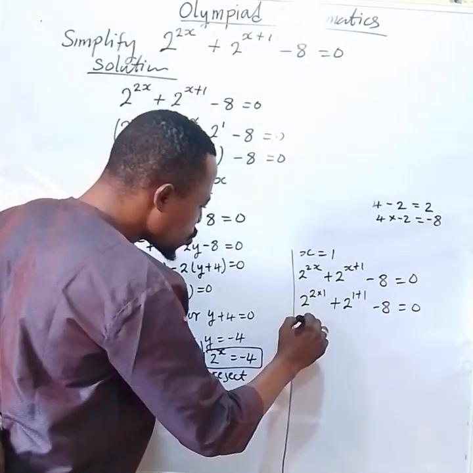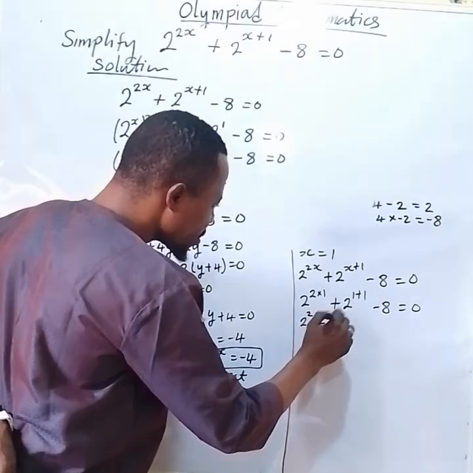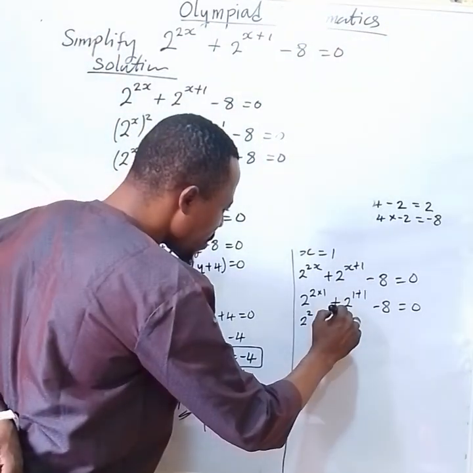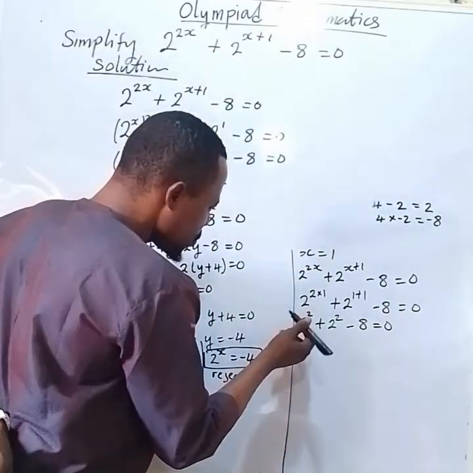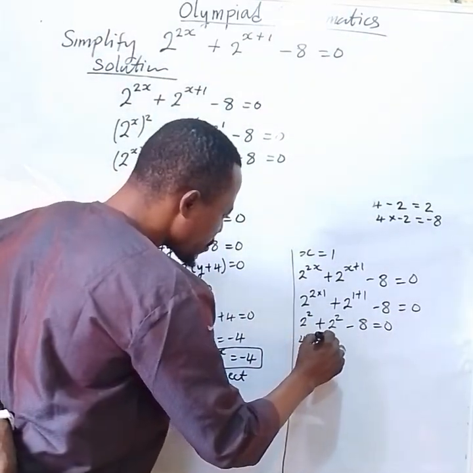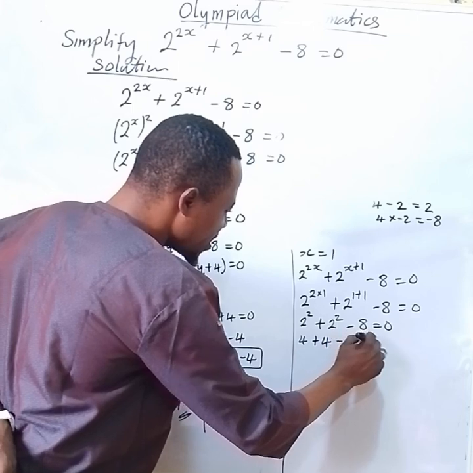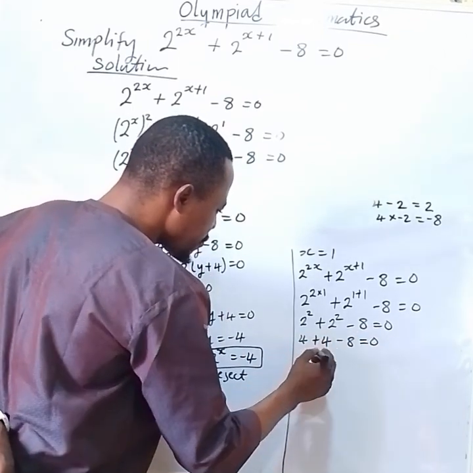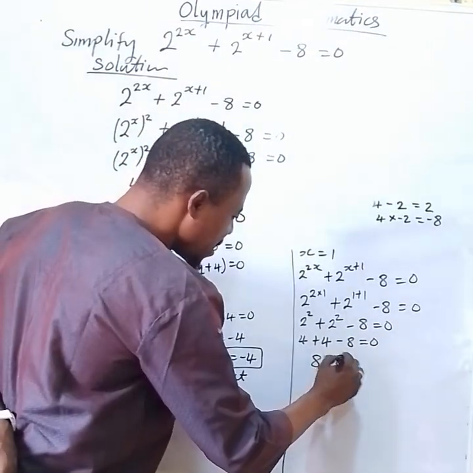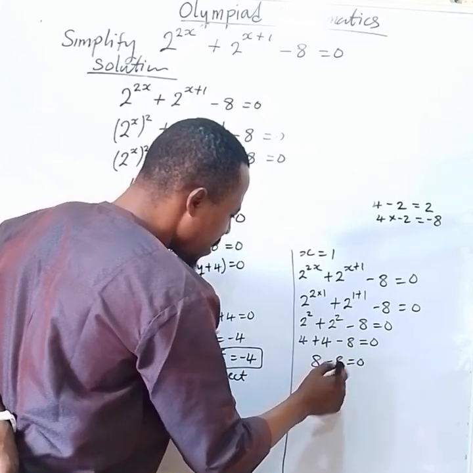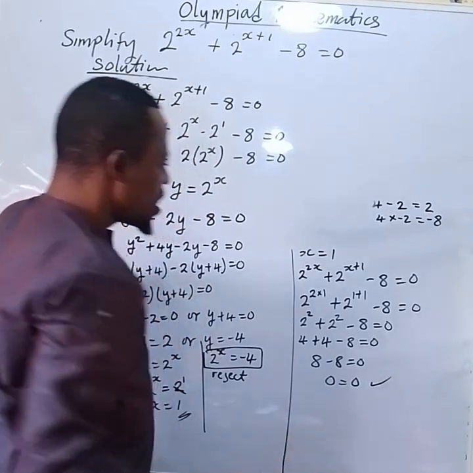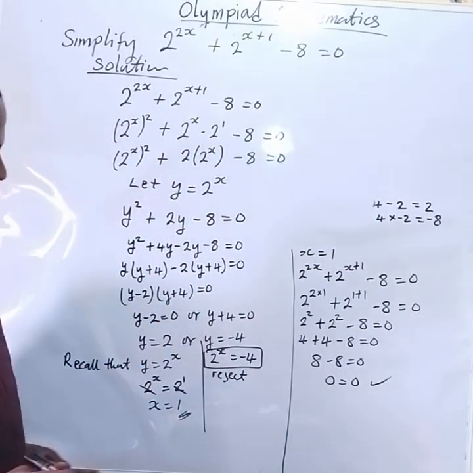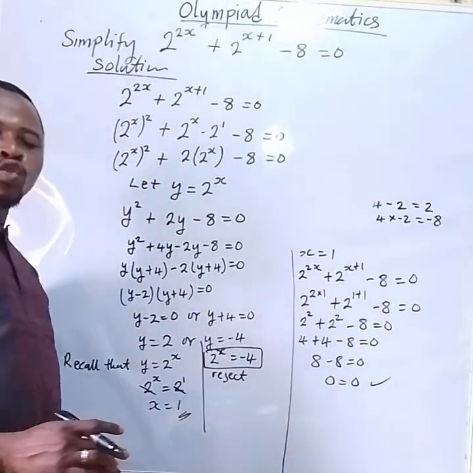So 2 times 1 is 2, so 2 raised to power 2, plus 1 plus 1 is 2, 2 raised to power 2, minus 8 equals 0. Now 2 times 2 is 4, plus 4, minus 8 equals 0. 4 plus 4 is 8, minus 8 is 0. So 0 equals 0, which means we are right. Are we together? So x equals 1.